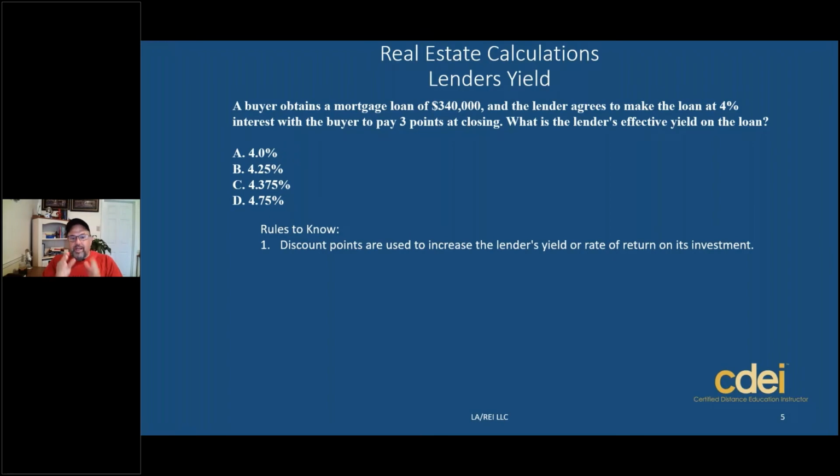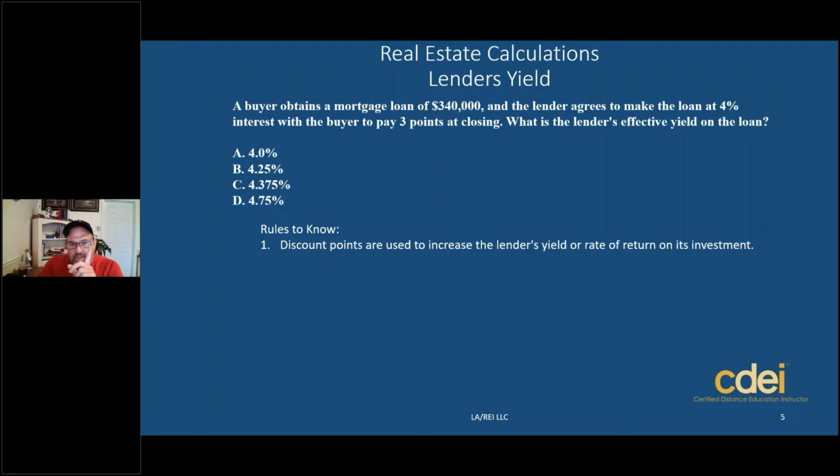Three points on a $340,000 loan would be 340,000 times 3%, and that's what the buyer pays at closing in dollars to get the interest rate reduced to a lower rate. The effective yield is the problem we're asking here.